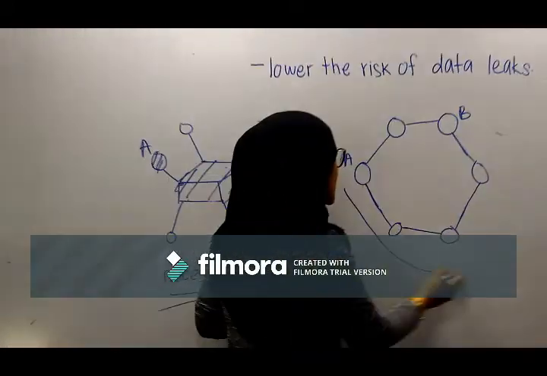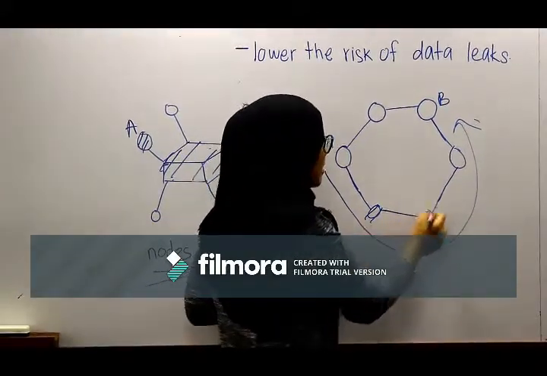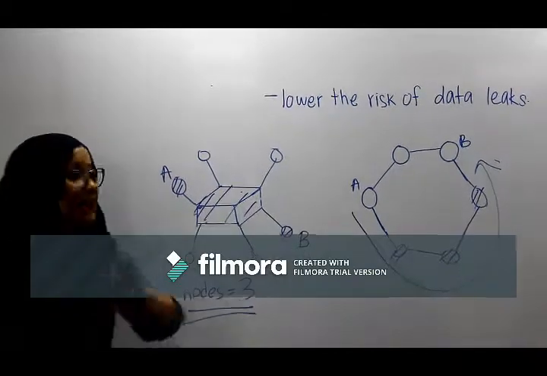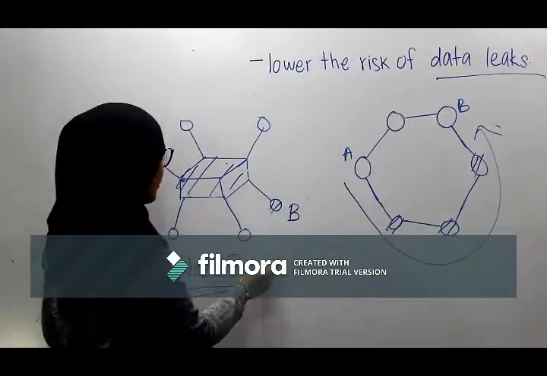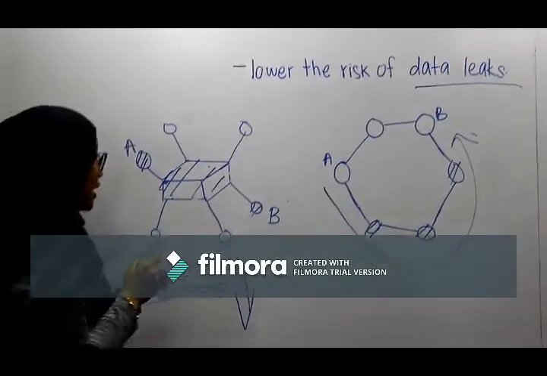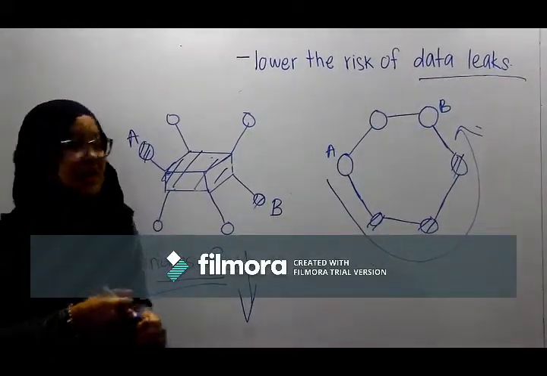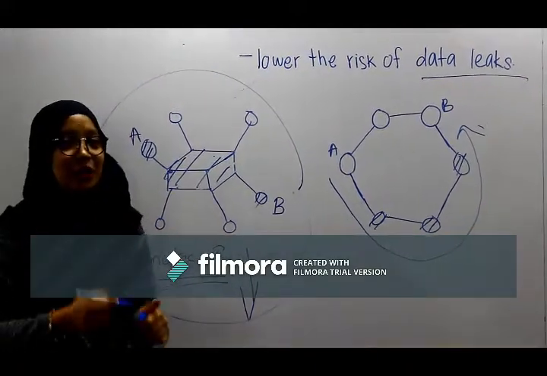If A wants to send data to B, it has to pass through more nodes. About the data leaks problem, the fewer nodes the information needs to pass through, the more the chance of data leaks occurring is reduced. This makes star topology the best choice to reduce data leaks.